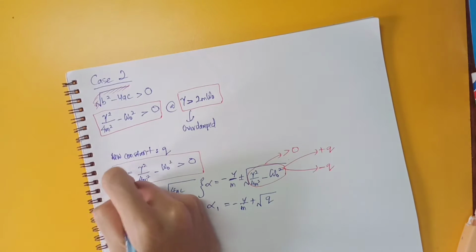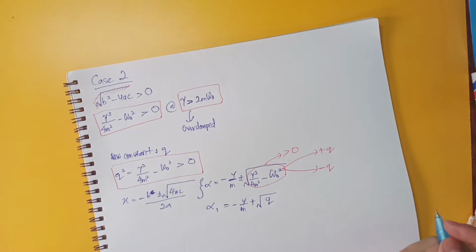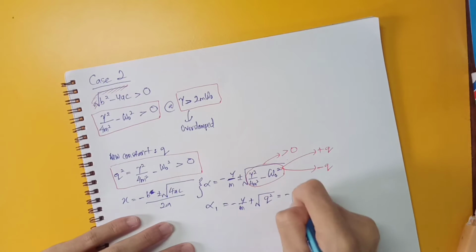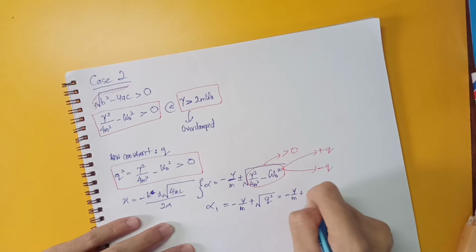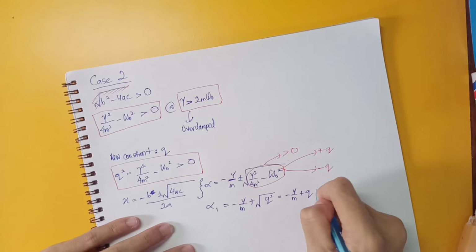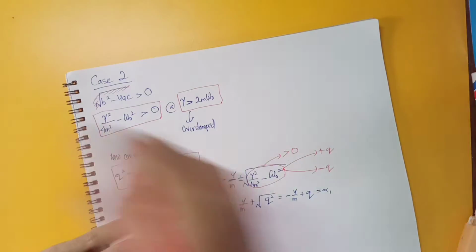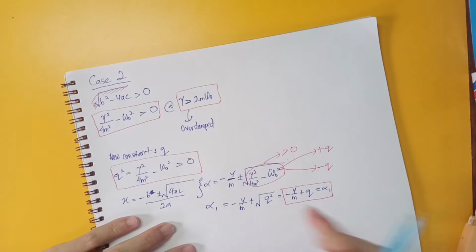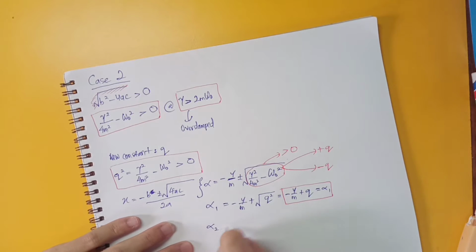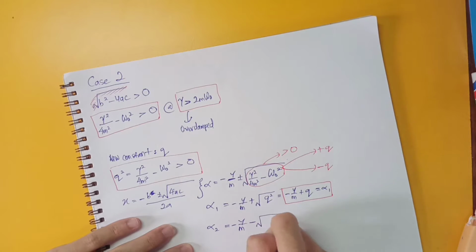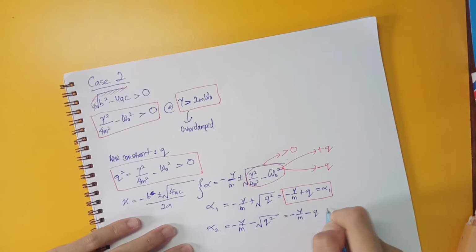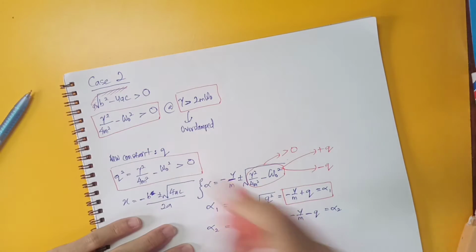This right here is the q square. So finally we get negative gamma over 2m plus q. Sorry about that. This is the first alpha. Now we have alpha 2, which is negative gamma over 2m minus the square root of q square, so negative gamma over 2m minus q, which is alpha 2.